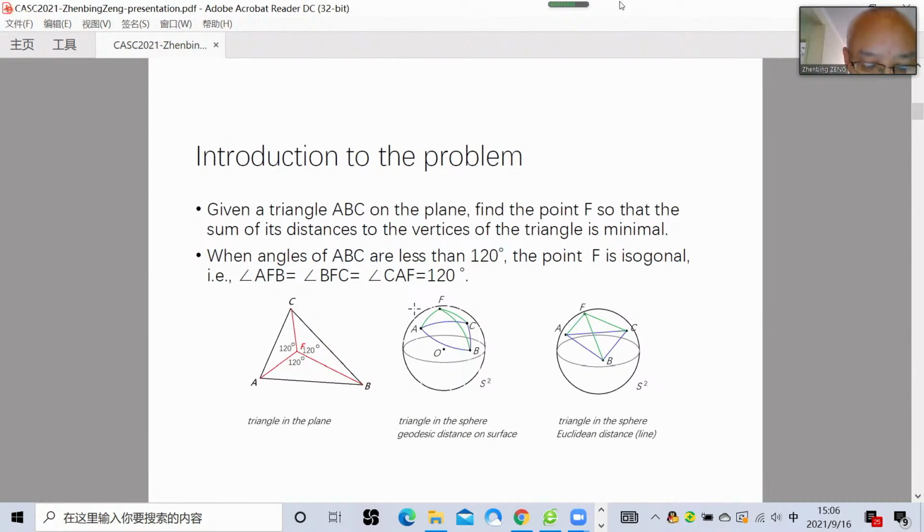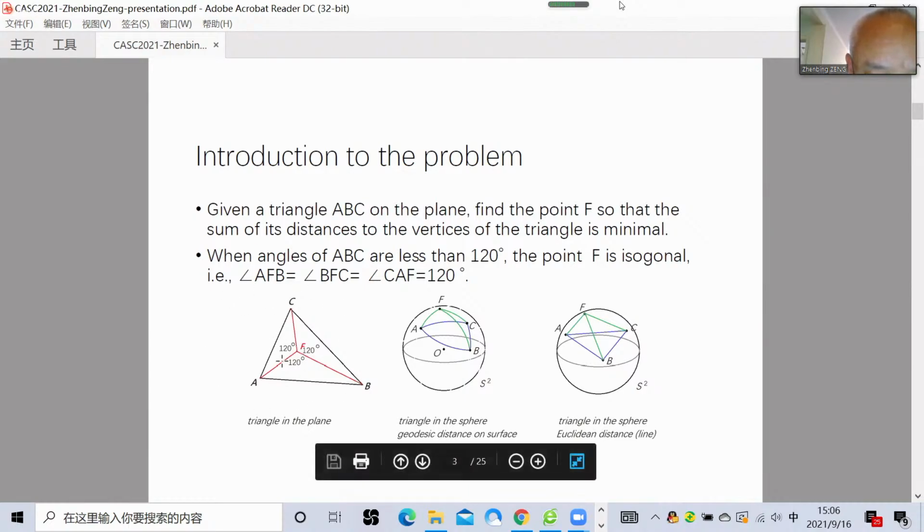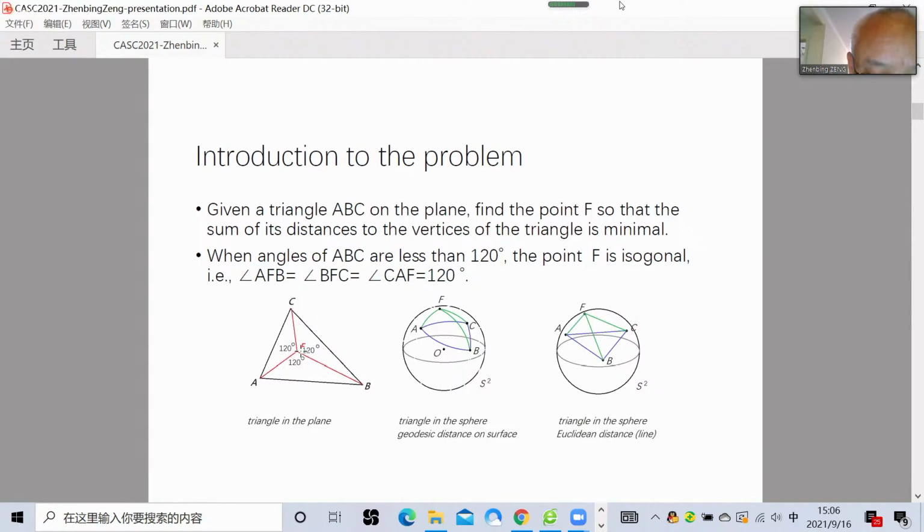So we see there's a result of Fermat which says if you are given a triangle in the plane, and we try to find the point in this plane so that the sum of the distances FA plus FB plus FC is minimal, then either the optimal point lies at one of the vertices, or these three angles are equal to 120 degrees.